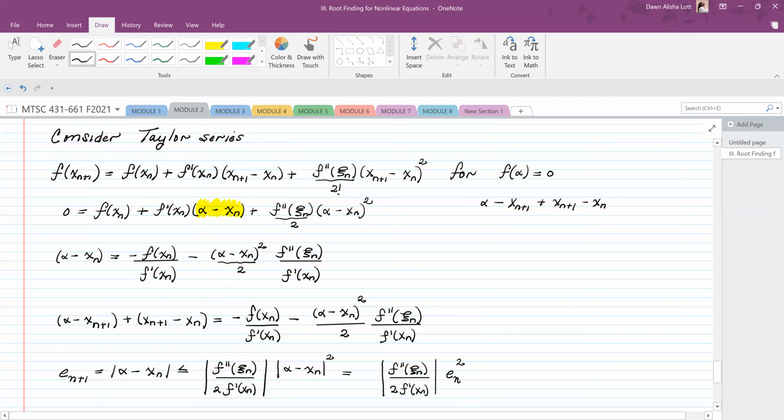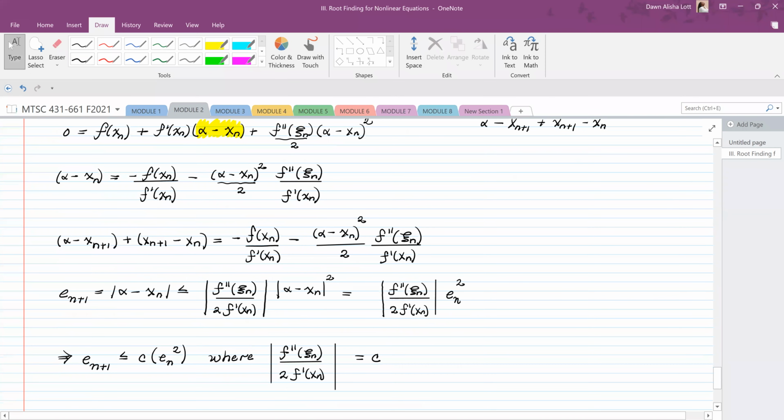Okay, so now en plus 1 is alpha minus xn plus 1. It's the error at the xn plus 1 iterate. Okay, so therefore, now these two, this is equal to that.